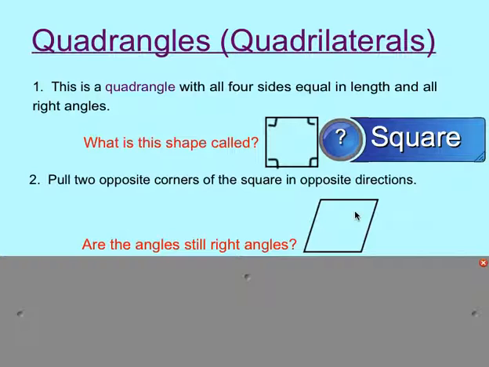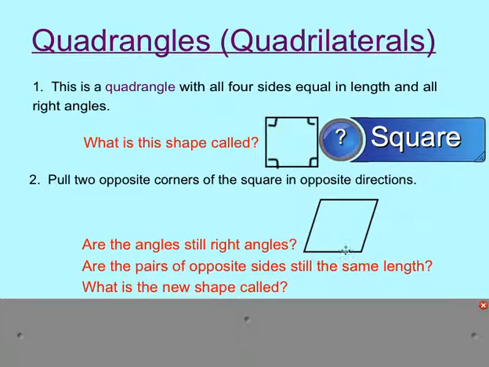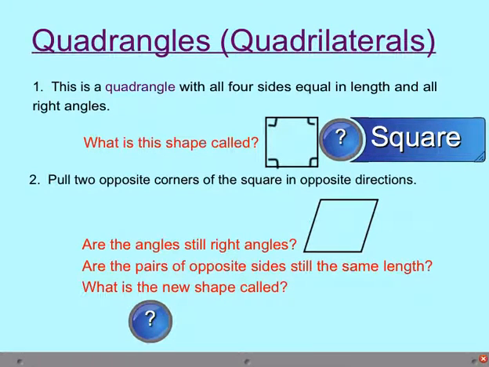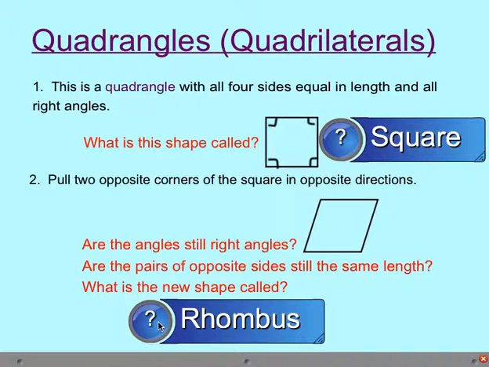Our angles are no longer 90 degrees. Let's take a look at our sides though. Opposite sides are still the same length. We haven't gotten new straws, we haven't changed the lengths at all, we've just changed the size of the angles. So this new shape, this squished square, is called a rhombus.